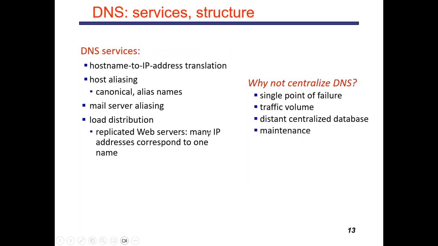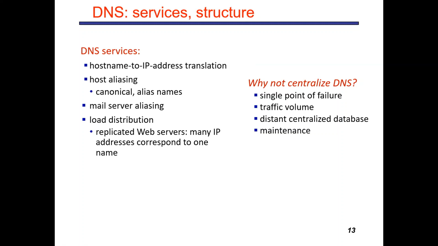So the question is, what are the services provided by DNS? One service that we just discussed is that it resolves the domain name or host name to the IP address. This is the main use of the DNS protocol. But apart from that, DNS can also be used for host aliasing, where hosts have canonical names.